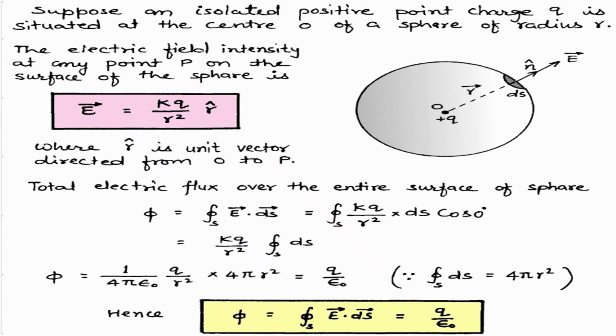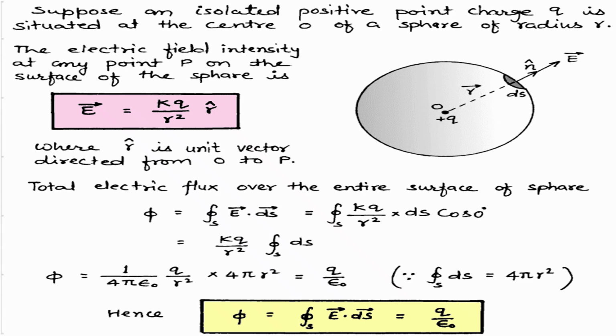If you apply the definition of dot product, it is E ds cos theta, where theta is 0, that means the electric field vector and area vector are in the same direction, so the angle is 0. So it will become E ds cos theta.